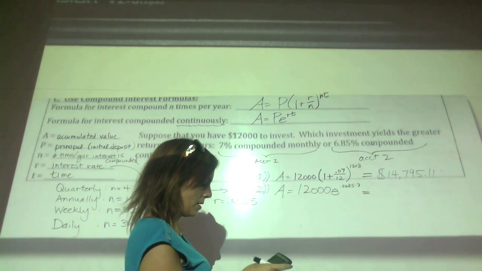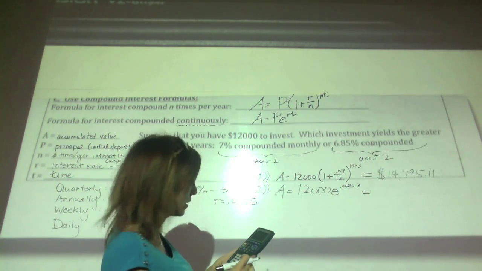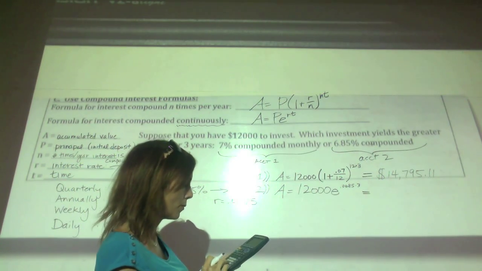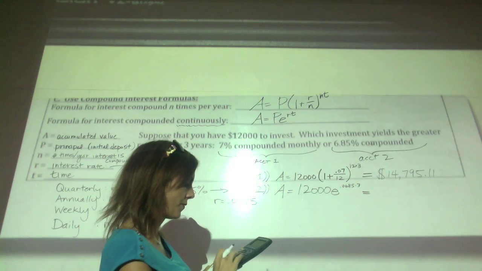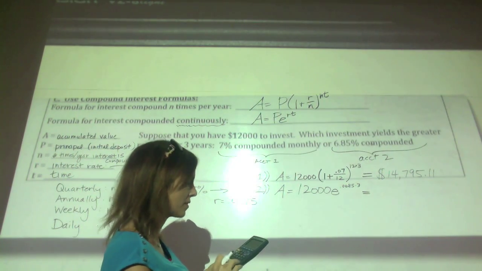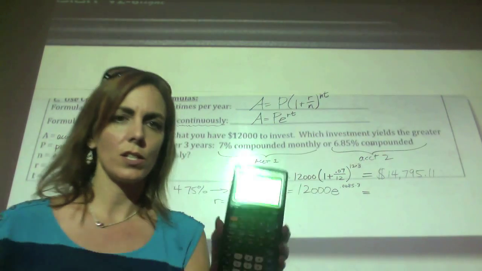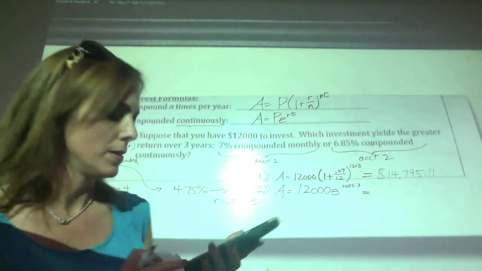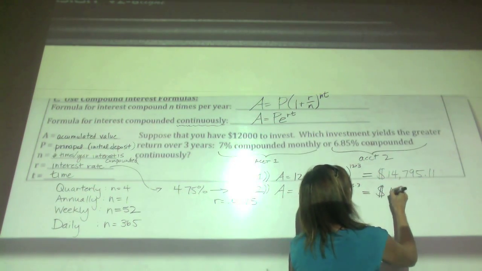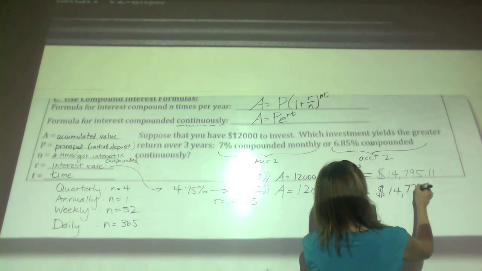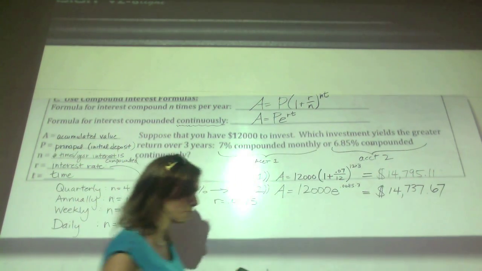12,000, then use the e to the x button, which is second ln, and then 0.0685. Notice that it opened up a set of parentheses for you for that exponent. It should look like this, and we end up with $14,737.67.